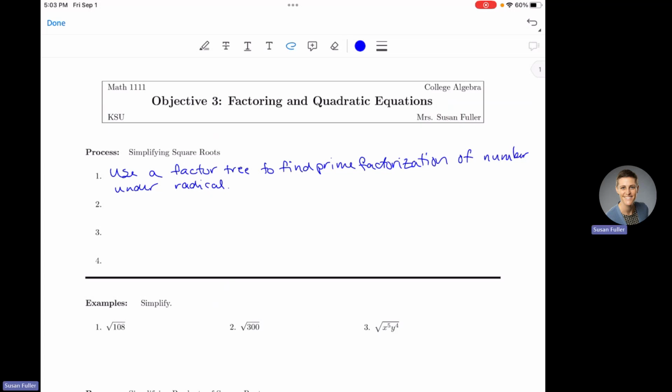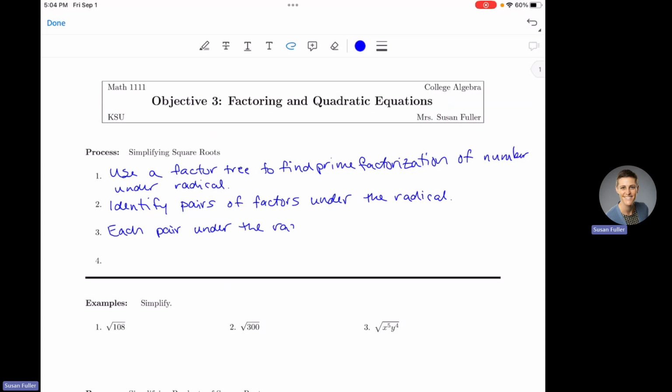After you use a factor tree and you find your prime factorization, you're going to identify pairs of factors under the radical. And then each pair under the radical changes to one copy of the number outside the radical.